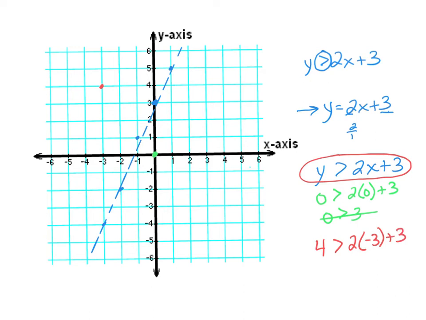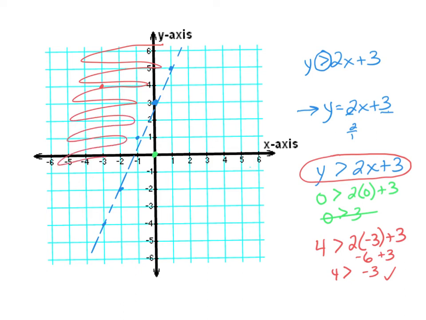Let's see, 2 times -3 is -6. -6 plus 3 gives me -3. Is 4 greater than -3? Yes, it is. So that tells me that everything on this side of that dashed line is a solution for this particular inequality.